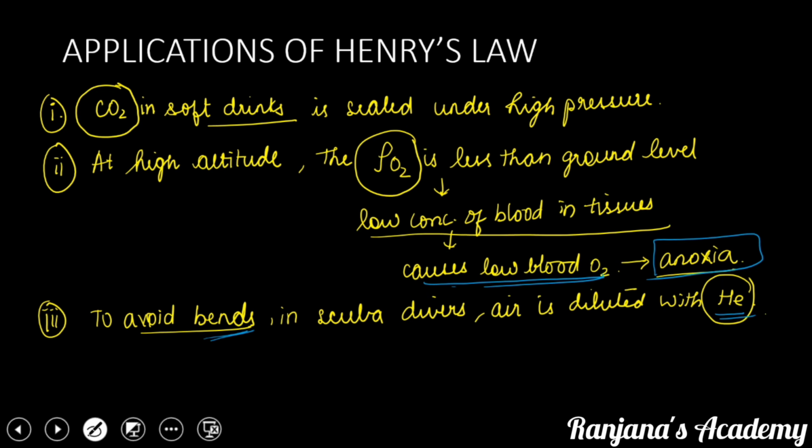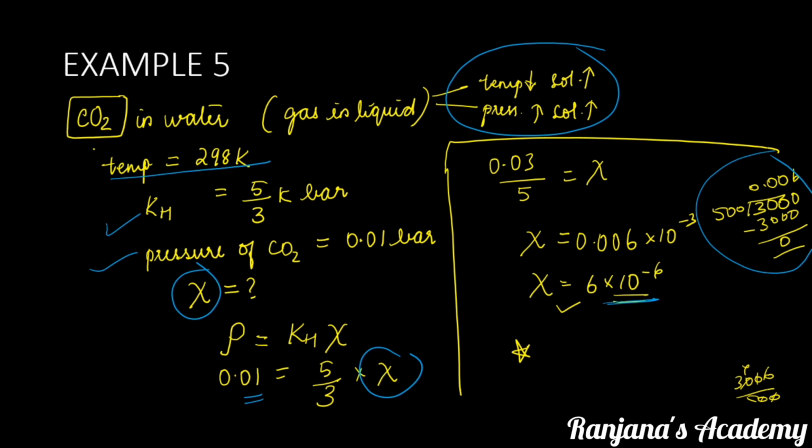Low concentration in tissues leads to a low blood oxygen level, which leads to a condition called anoxia. Anoxia is a condition where the blood is not getting a sufficient amount of oxygen. To avoid bends in scuba divers, air is diluted with helium. So these are all the practical applications of Henry's law.